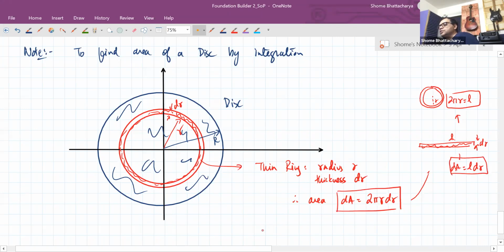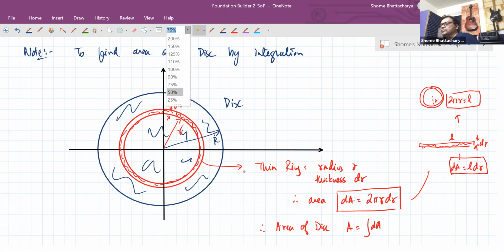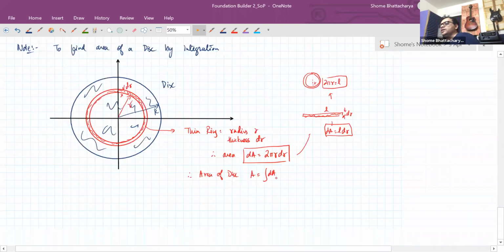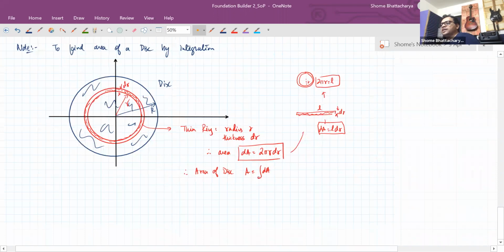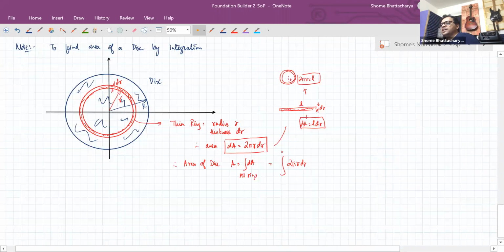Okay. So therefore, area of the disk will become integration of area of all rings. So integration of 2 pi r dr from the smallest ring right at the center, which is r equal to 0, to the outermost ring, which is capital R. So as you can see, this becomes this very simple integration.